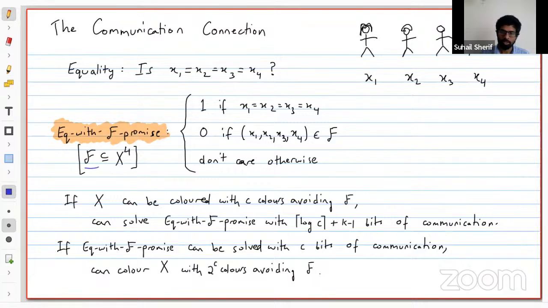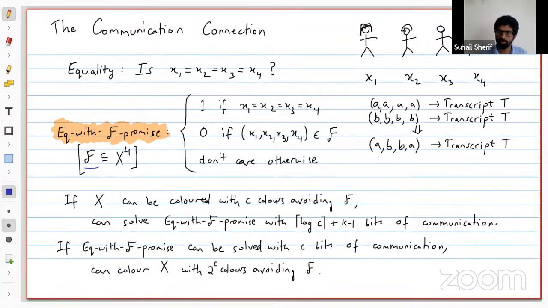If you can solve this communication problem with just C bits of communication, then you can actually color X with just 2 to the C colors in a way that avoids F. And that's because of this property of communication that if on 2 different inputs you have the same transcript T, that is, if you look at exactly what was communicated, that's the transcript, then if you also mix up their inputs, you create a new input by just mixing up these 2 instances, that will also result in the same transcript T. That's basically because all the information that you learn about the other inputs comes just from the transcript, and you can't really distinguish between them if you had the same transcript in both cases.